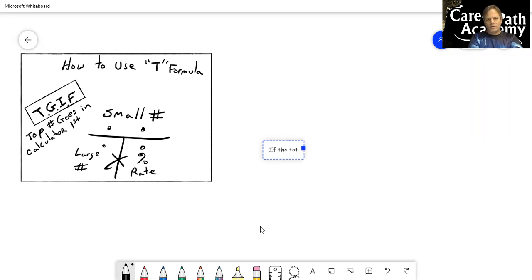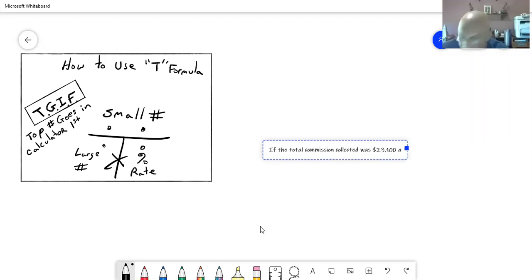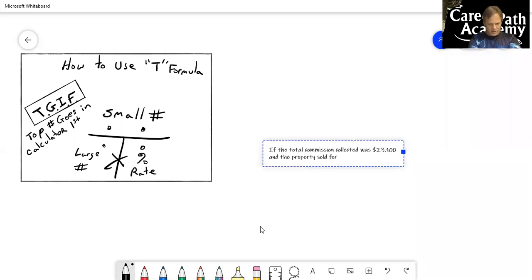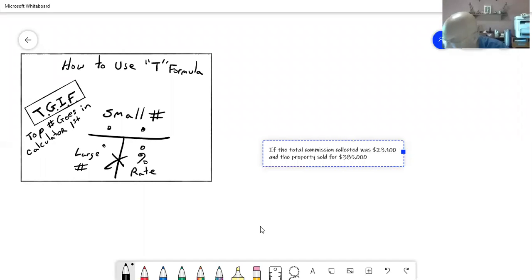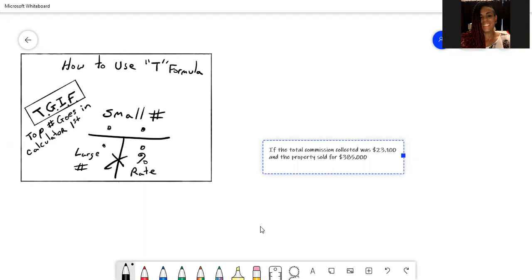if the total commission collected was $23,100 and the property sold for $385,000. Are you using your board?